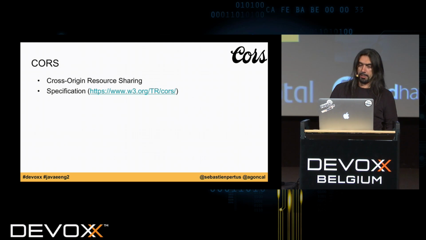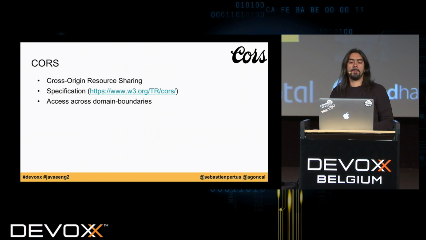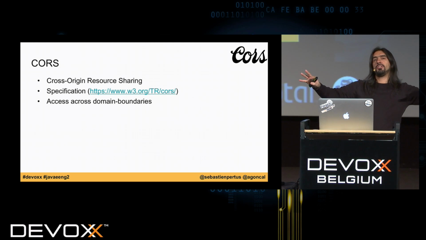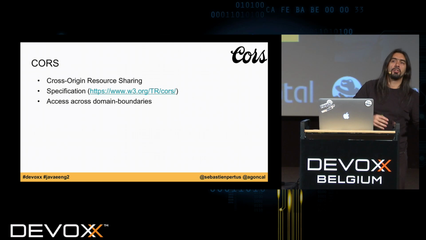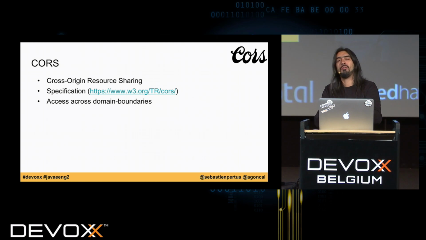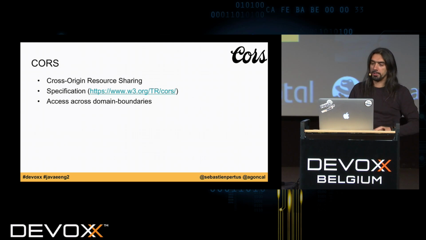You can find it there on the W3C. So the idea is you can't access across domain boundaries. Here we'll have 7 services running on several machines. Here it will be physically on our machine, but it could be throughout the world.